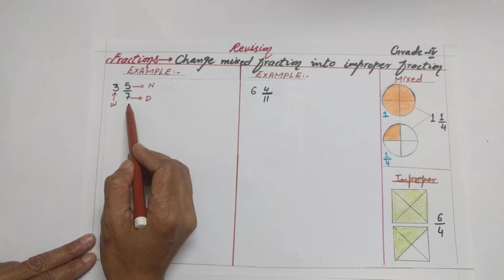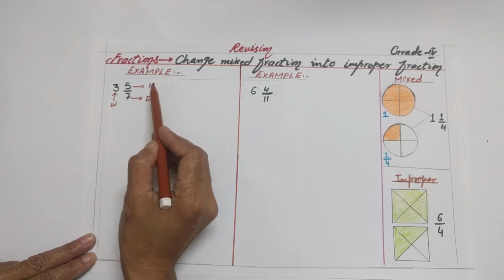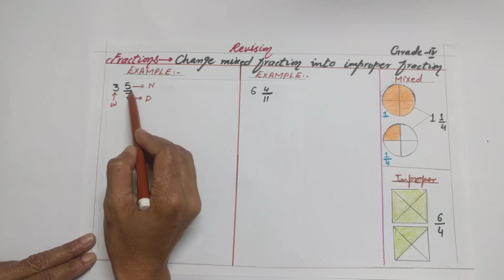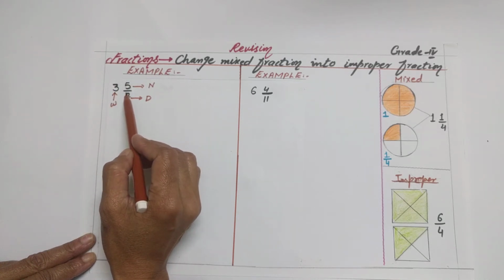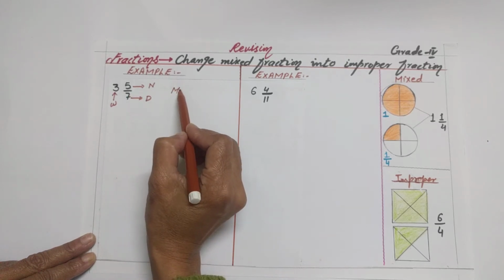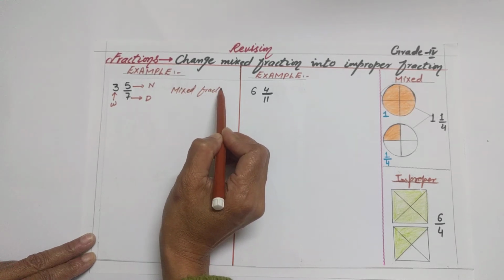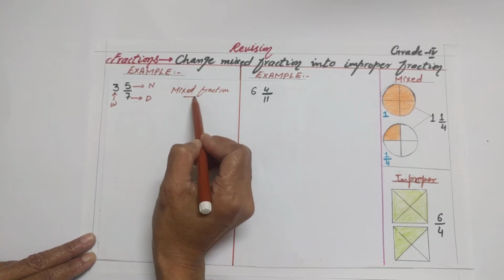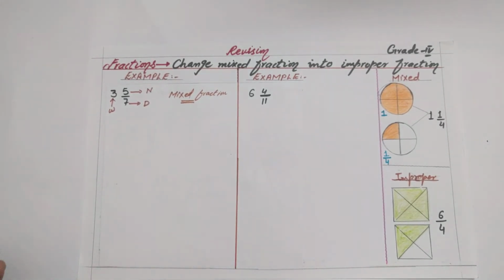So in 3 and 5 by 7, 3 is the whole, 5 is the numerator and 7 is the denominator. This is the combination of a whole and a proper fraction. That's why this is called a mixed fraction. Clear? Now we have to convert this mixed fraction into an improper fraction.